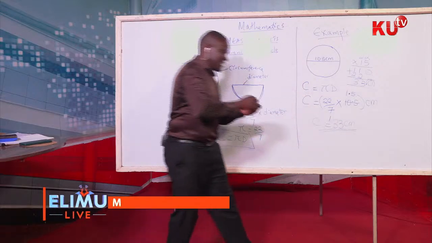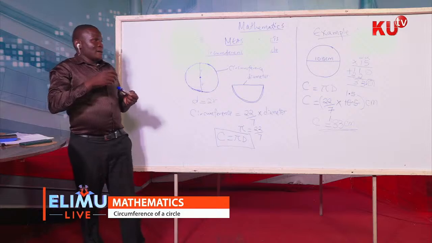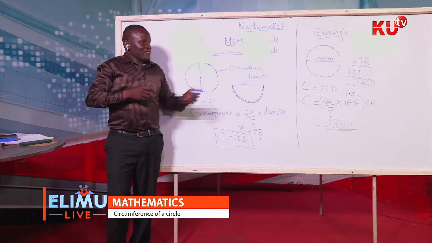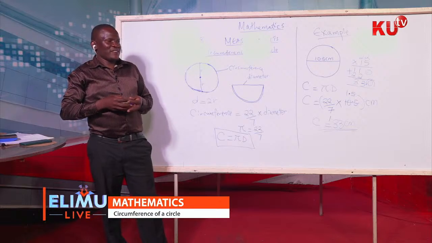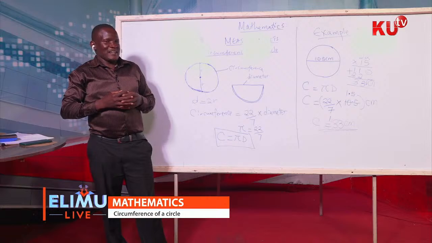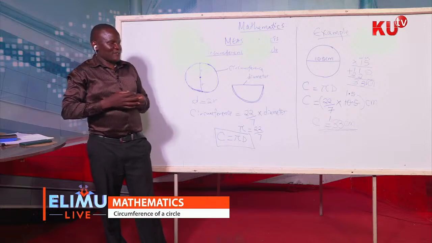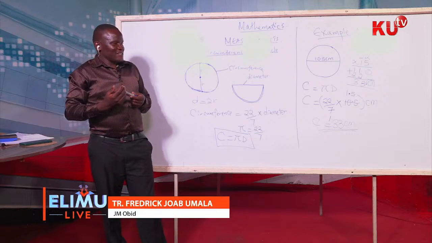33 centimeters. Let me just repeat that process. We are given a circle of diameter 10.5 centimeters. Our formula for finding the circumference of a circle is pi d.